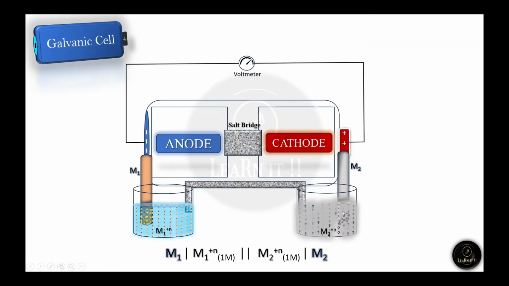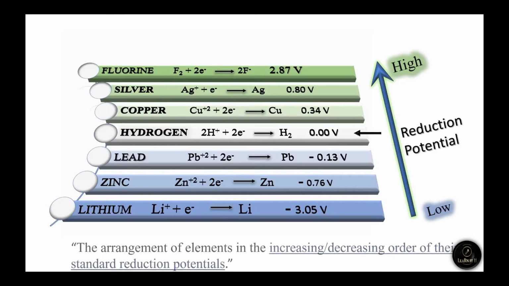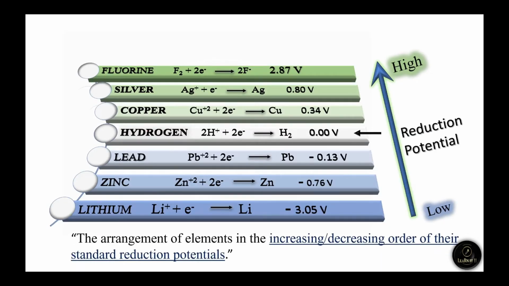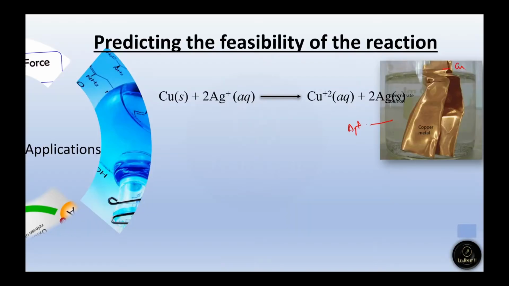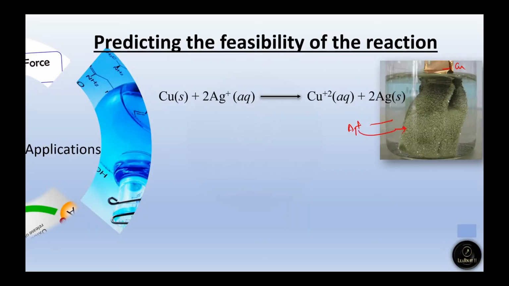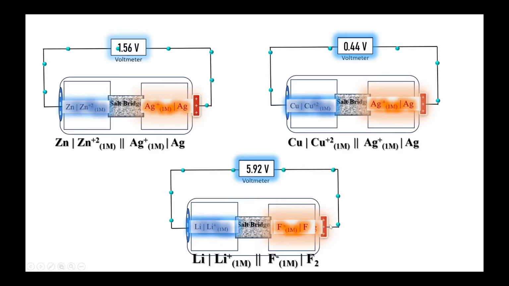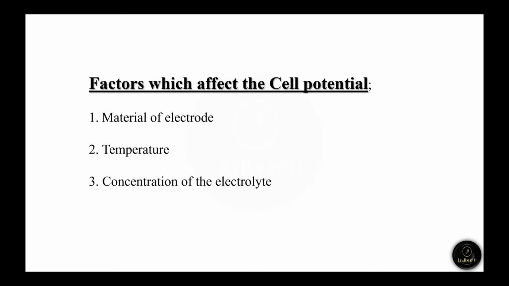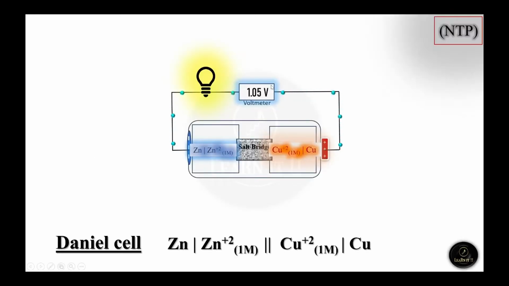Solution in both the electrodes is 1 molar. Elements are arranged in the increasing or decreasing order of their standard reduction potentials. We can see deposition of silver over here and the solution is turning pale blue. Current flows in a circuit with higher intensity, concentration of the electrolyte. 1.1 volt was EMF, but 1.05 volt is a.